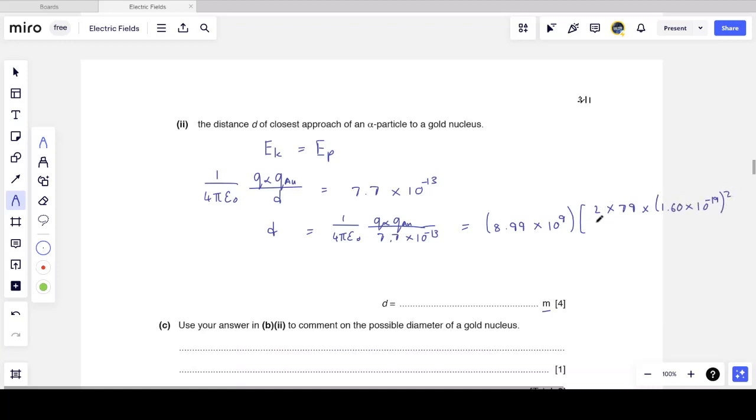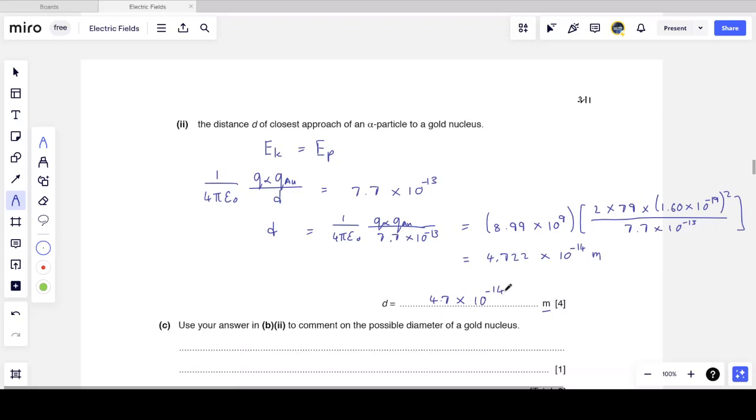Be careful, we have to square that because we're multiplying it through twice, divided by 7.7 times 10 to the minus 13. And if we put all of this into a calculator, we get 4.722 times 10 to the minus 14 meters. A very small distance, as we'd expect. So 4.7 times 10 to the minus 14 meters.